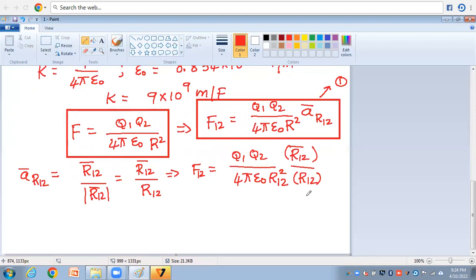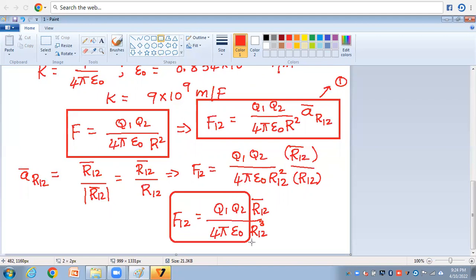Okay. Now the final expression for the force with the help of distance is Q1 Q2 by 4 pi epsilon naught into R12 whole cube, into R12 bar. Okay, fine. So this is the force equation, right?